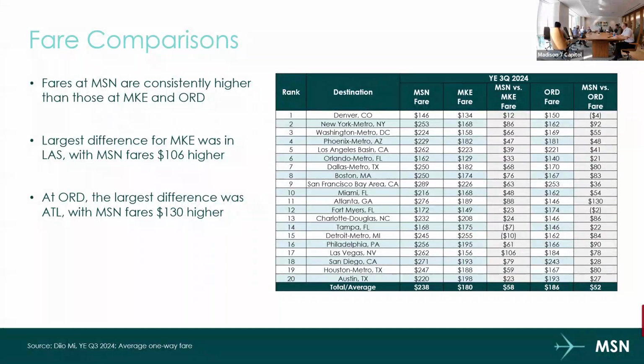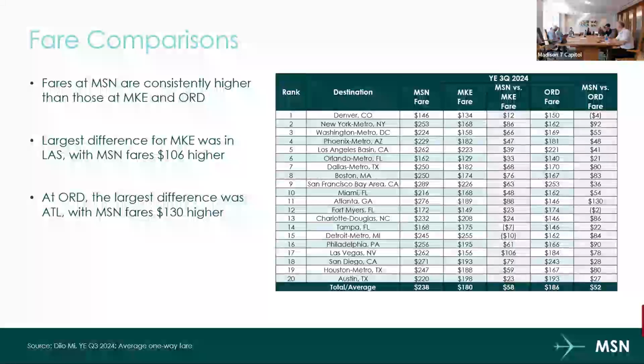And fares are only one part of the pricing model that airlines have these days, with baggage fees and otherwise. Is that all incorporated in here, or is this just the sticker price? Yeah, this is just average one-way fare, so it's not including ancillary fees like the bag fees, seat upgrades, things like that. Okay. It's just an average of one-way direction.